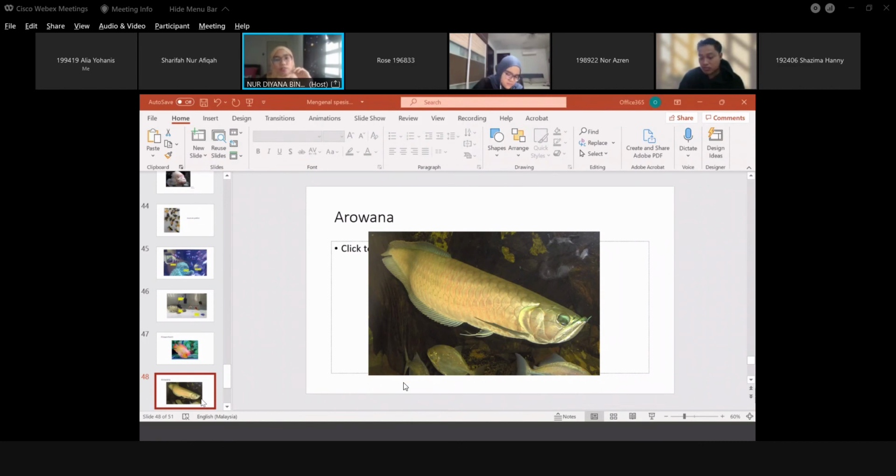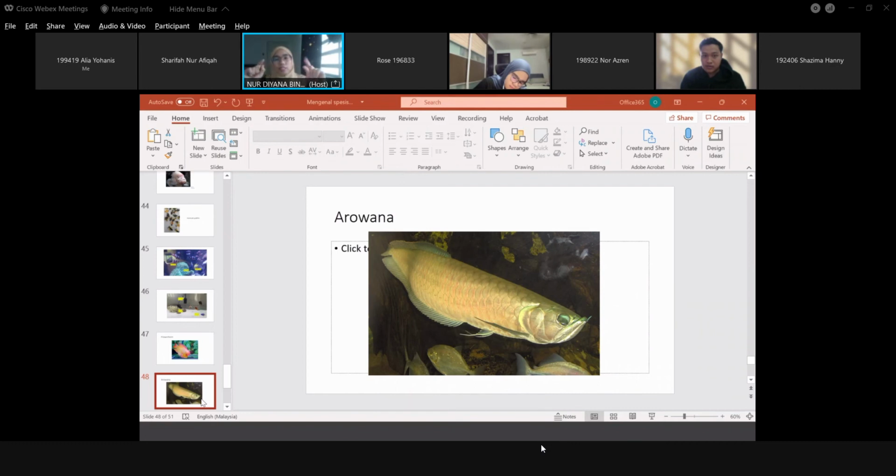Alright. I've never had an arowana. I've only seen friends who have arowana, and it is quite tricky to take care of them. You need to be very careful. Their feeding behavior is also different. They like to eat live feed, so you need to go and buy mealworms or crickets sometimes.